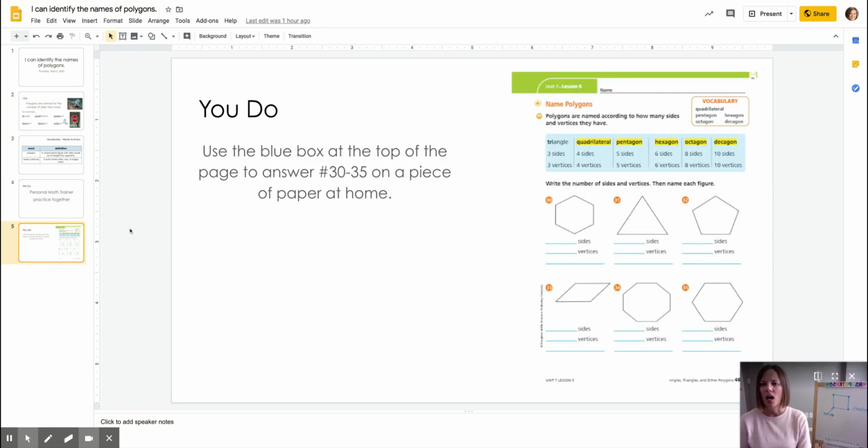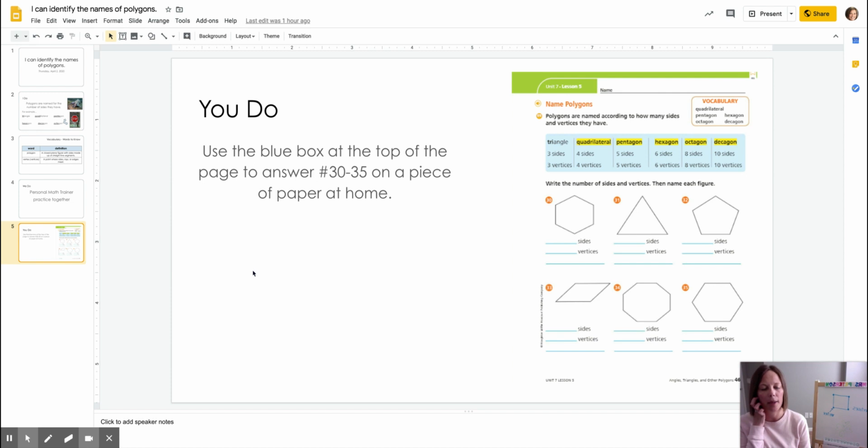All right. On your Google slide today, you have this same student workbook page that we have trimmed down for you to practice. Up at the top, this blue box is very helpful. It lists the names of the polygons, and it reminds you how many sides and how many vertices each polygon has.